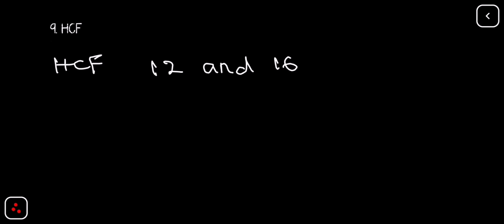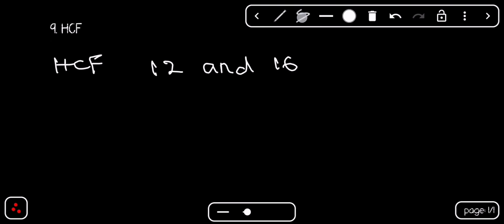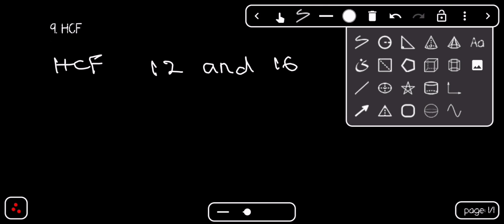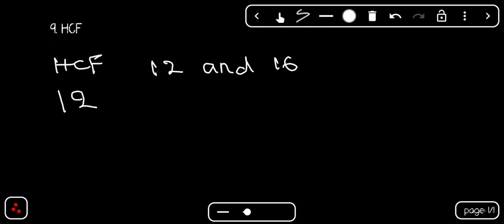Topic number 9 is HCF, highest common factor, and the question is: you have to find the highest common factor of 12 and 16. It's easy, you just have to write 12, and then write the factors of 12.